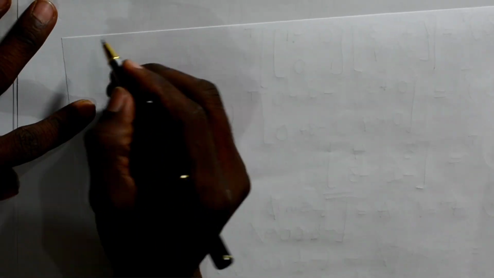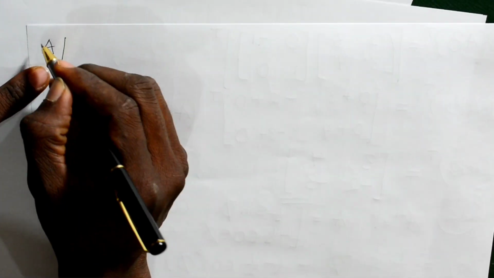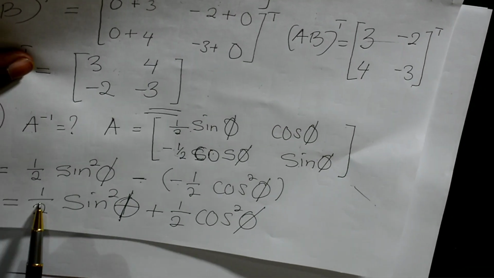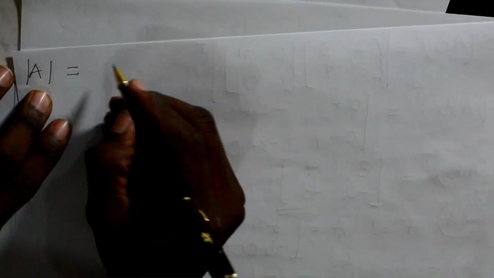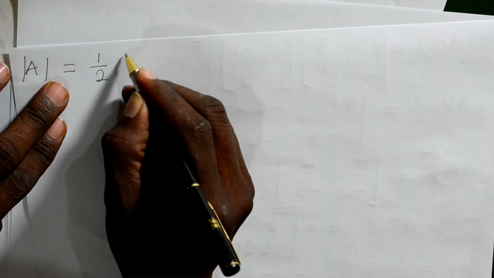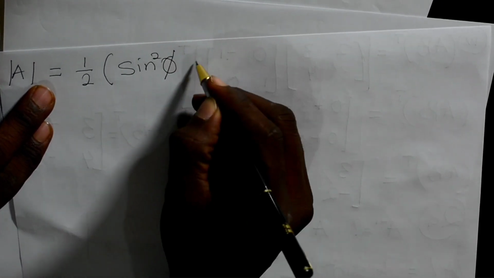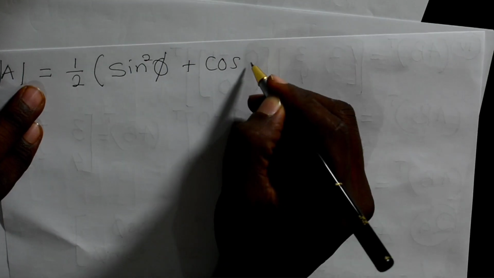So now the determinant of A will be equal to, now we can factor 1 all over 2, 1 all over 2 into sin square psi plus cos square psi.